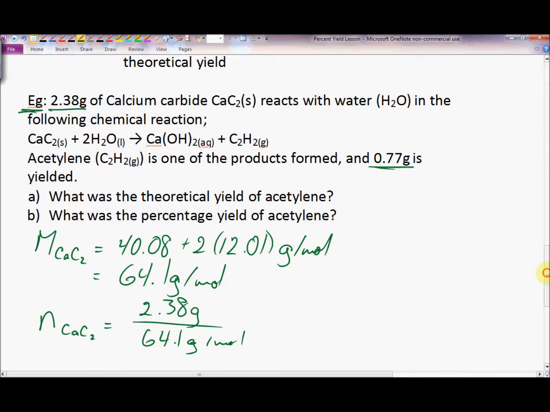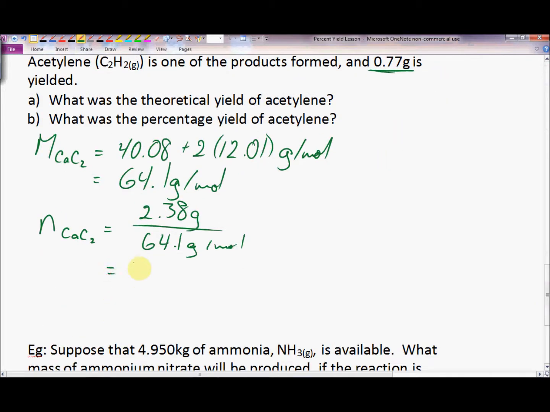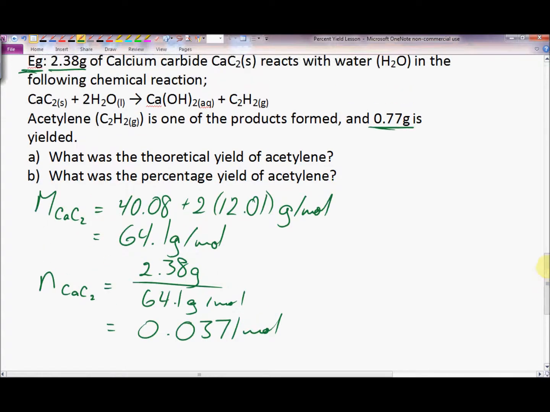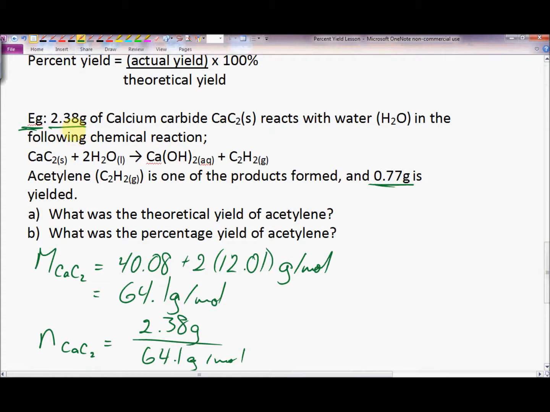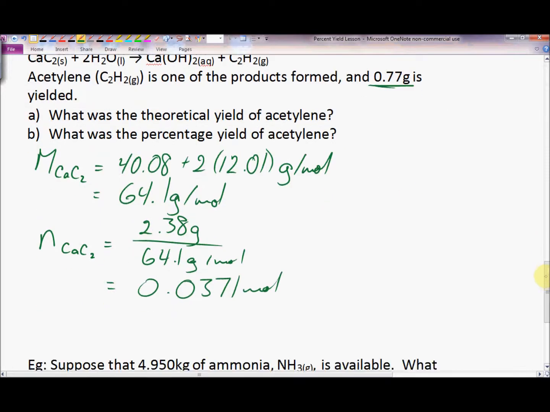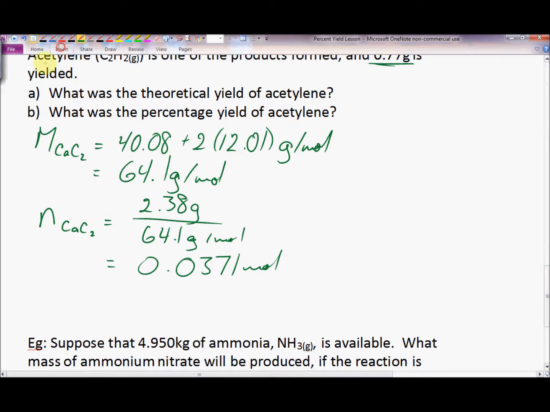Okay, and that gives us 0.0371 moles. Notice I'm keeping at least 3 significant digits, because over here we've got 2 significant digits, here we've got 3, so we need to keep at least 2 significant digits throughout the calculation. Okay, so we've got that many moles of calcium carbide.